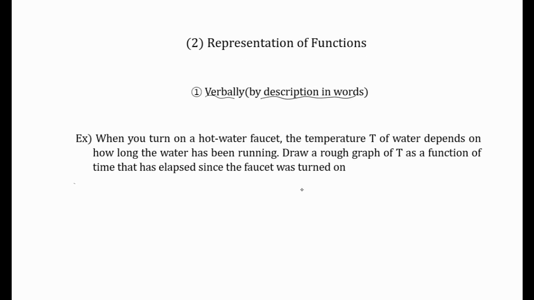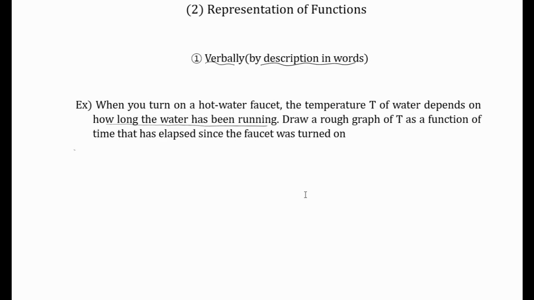When you turn on the hot water faucet, the temperature T of water depends on how long the water has been running. So it means the independent variable is time and the dependent variable is temperature. And draw a graph of T as a function of time elapsed since the faucet was turned on. So someone expresses a function in words. This is the first method to represent a function.